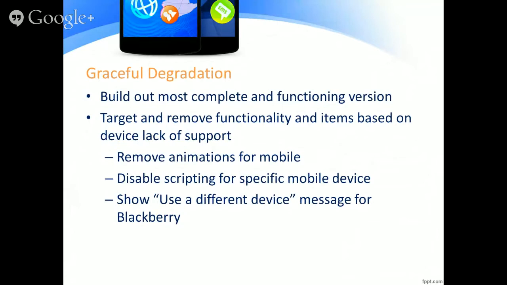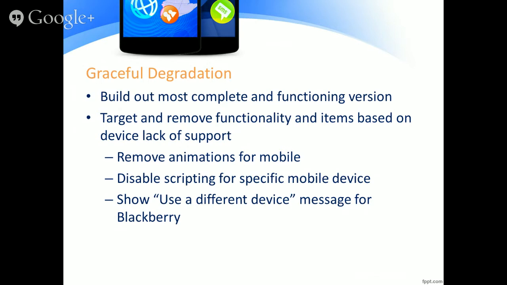That's not exactly like that, but it's a pretty close approach. You're removing functionality based on lack of support for the different target segments and markets that you want to hit. So you're building out the most complete version of a website or an application that you can, and then you're saying, okay, I need to support IE7. So then you're basically taking everything out.